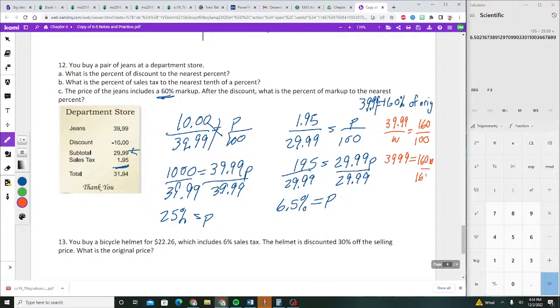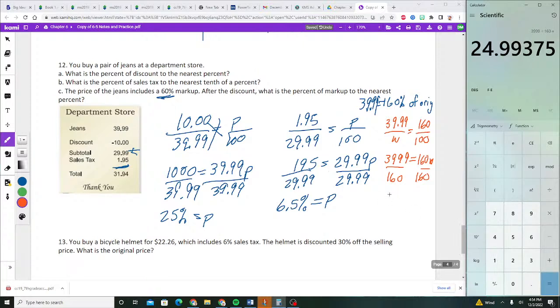Divide both sides by 160, and 3999 divided by 160 gives us 24.99. That would be the price of the jeans to the store. And then we want to know how much markup there is. So that would be $29.99 minus $24.99, which is $5.